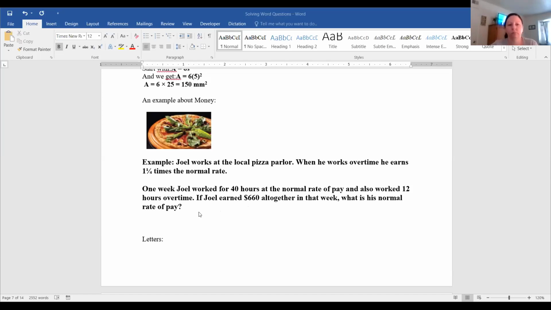Well, one way of looking at it is 40 hours times X, his normal rate, plus 12 hours at 1.25. A quarter is a fraction, 1/4 is 0.25. So it is 12 hours at a 1.25 rate. That adds up to $660.